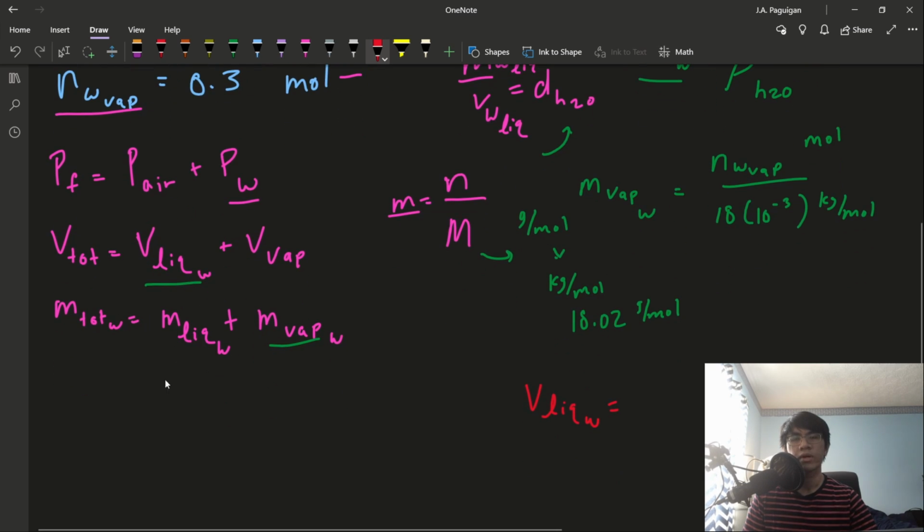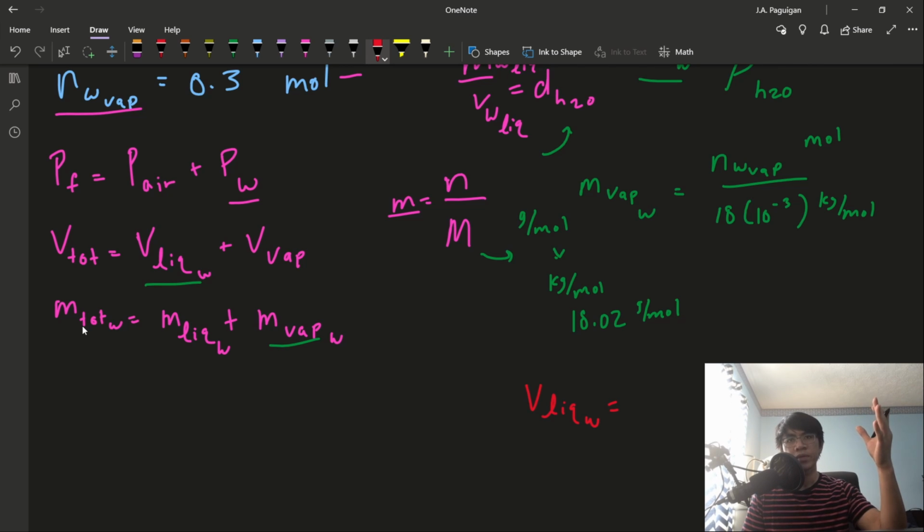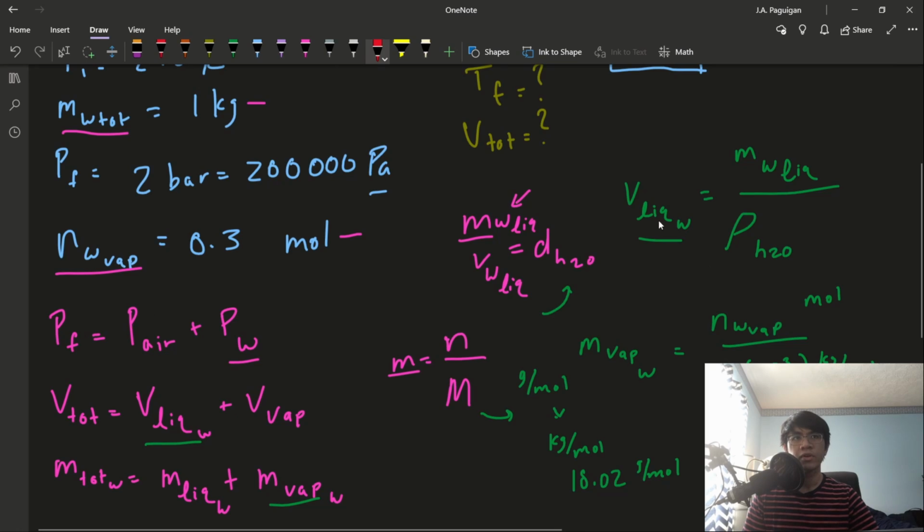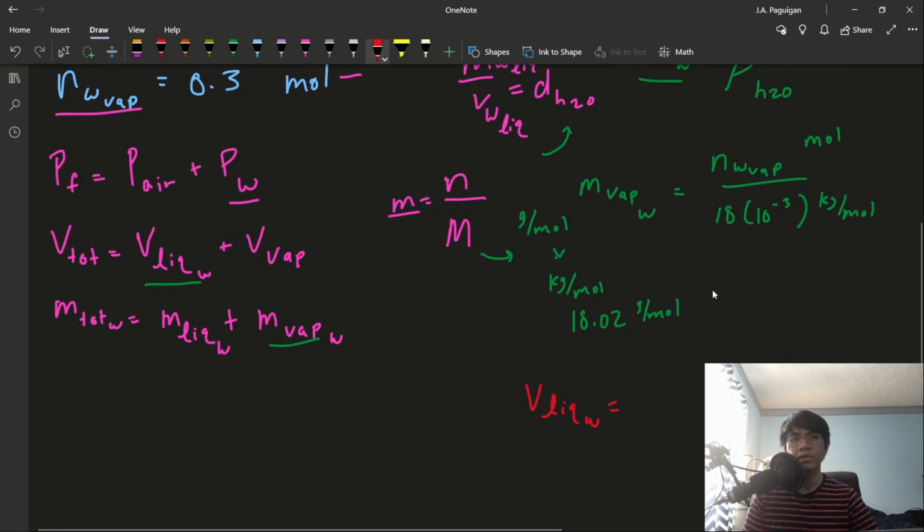So mass of liquid water, if we move things over and isolate it, we have mass of the liquid water equal to mass of the total water minus mass of the vapor. So we'd be subtracting mass vapor from the total. And it makes sense. You have total water, you subtract the mass of vapor, and you'll be left with the mass of liquid.